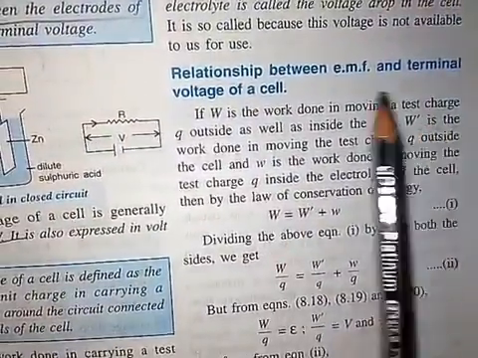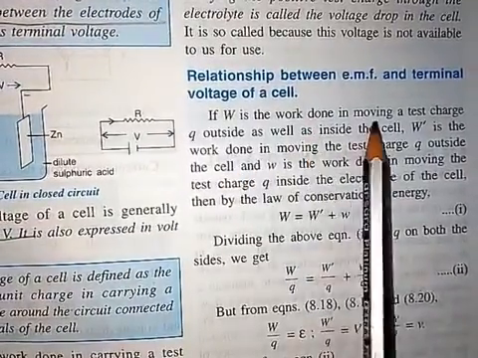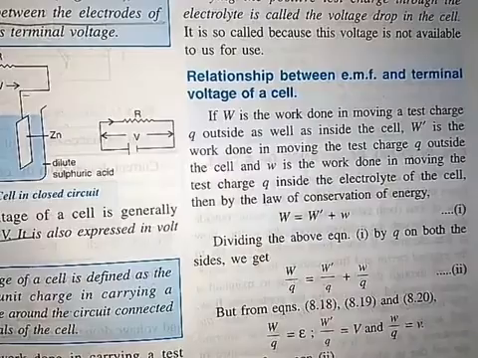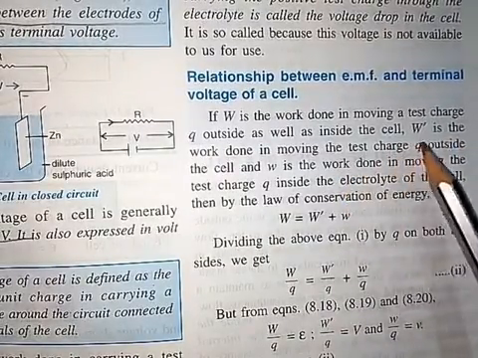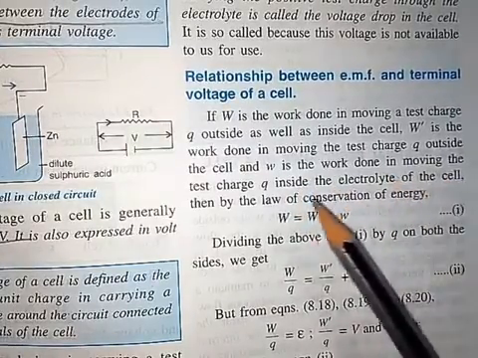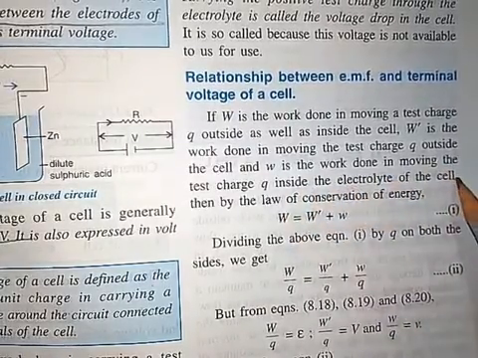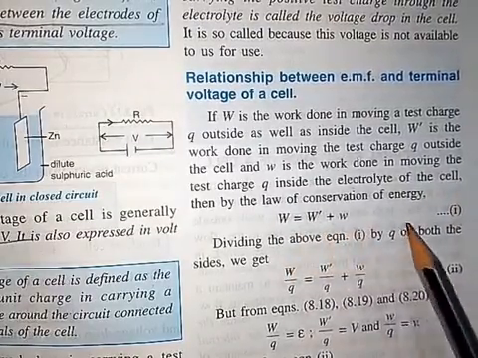Relationship between EMF and terminal voltage of a cell. If W is the work done in moving a test charge Q outside the cell as well as inside the cell, W dash is the work done in moving the test charge Q outside the cell, and small w is the work done in moving the test charge Q inside the electrolyte of the cell, then we know that W equals W dash plus small w.